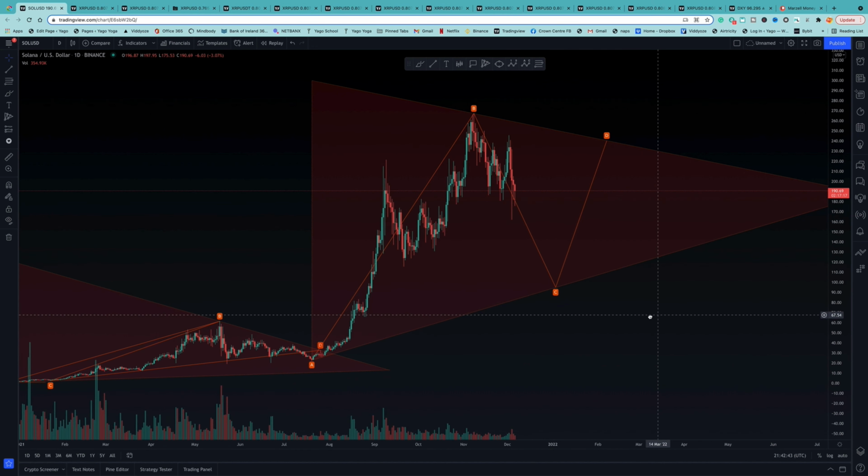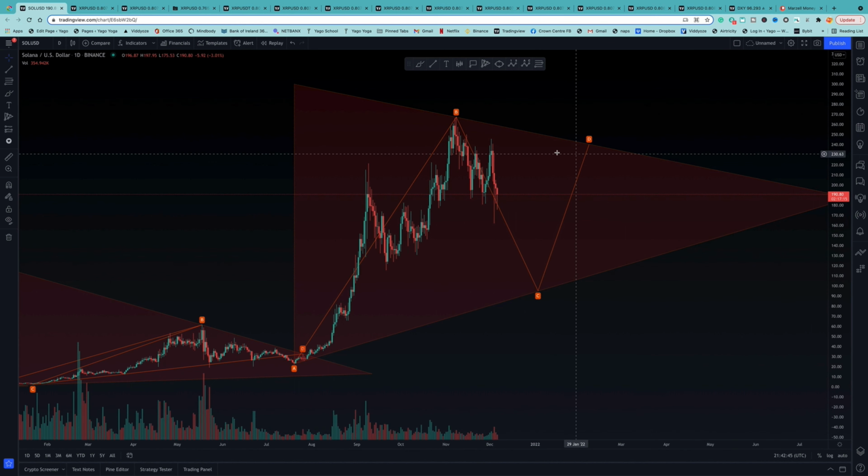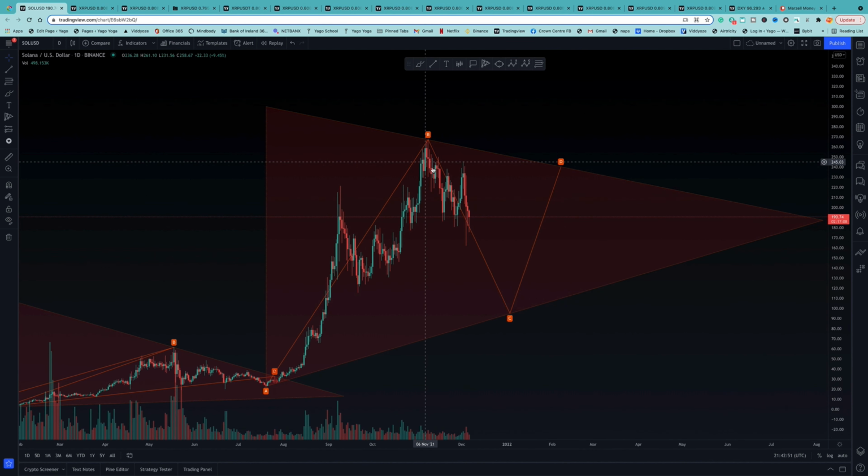Has it shown its top? It's quite possible. No. I think possibly Solana here is 3 on the Elliott wave. This is 3, this is 4, and I think Solana has another pump in it. I think Solana has another pump in it for sure.